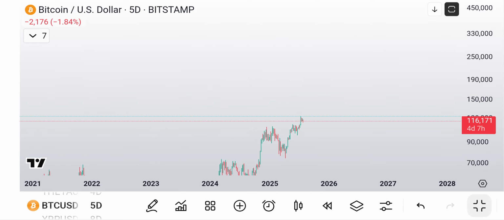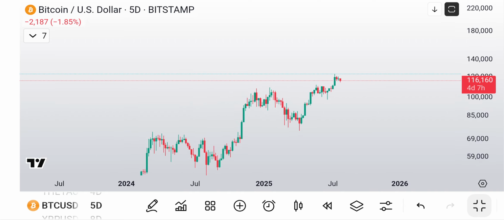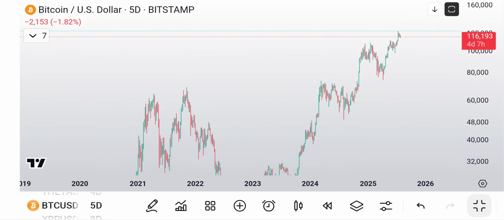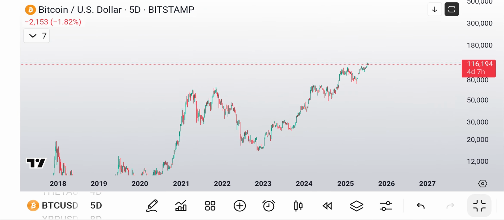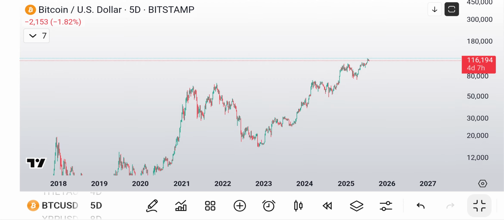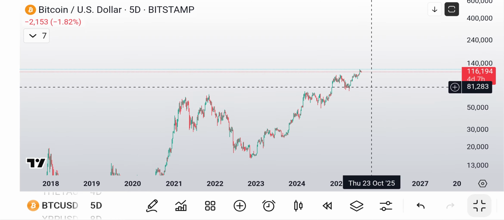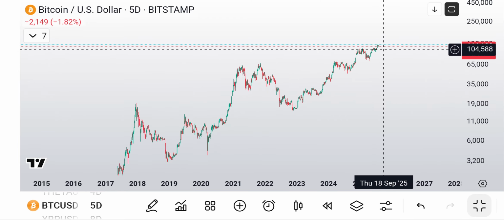I'd imagine maybe a little bit more if that parabola fractal is true, then we should see a little bit more, hopefully, because the rest of the alts, they don't look like they're going to get even near their all-time high if Bitcoin's already done, right? So that's why we really need that extra time.